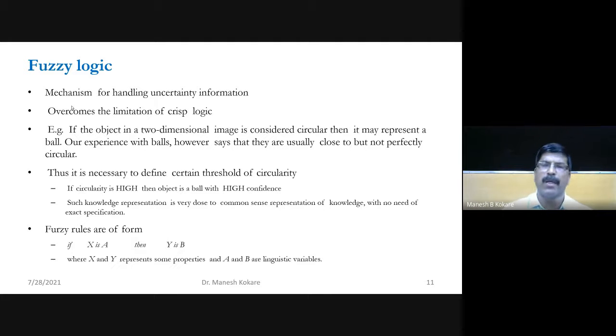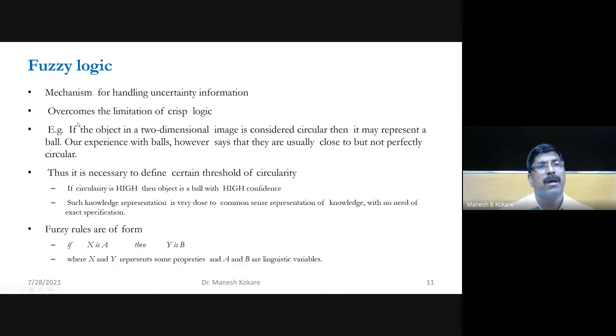Even in control systems it is used for controllers, for taking smooth actions rather than an on-off controller. Similarly, for taking the appropriate decision, fuzzy logic is used for higher level knowledge representation in computer vision.